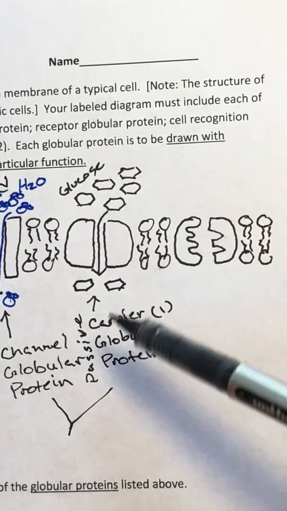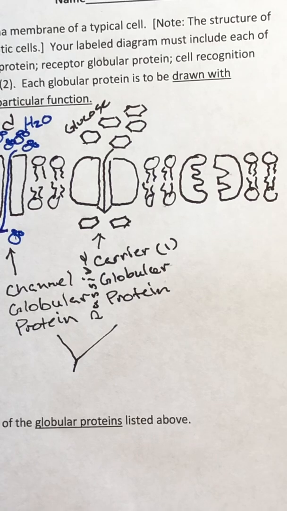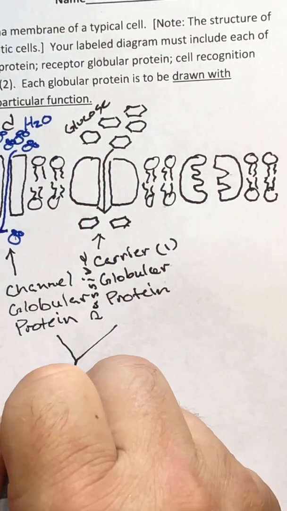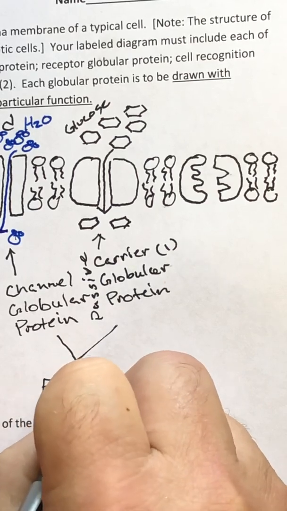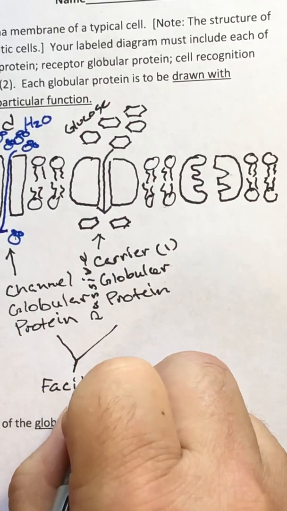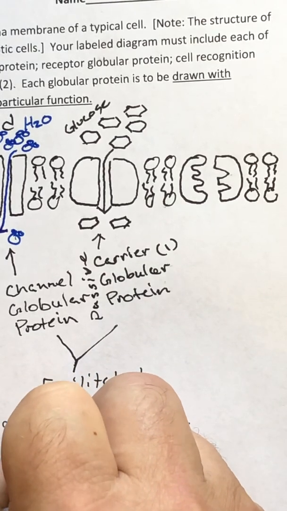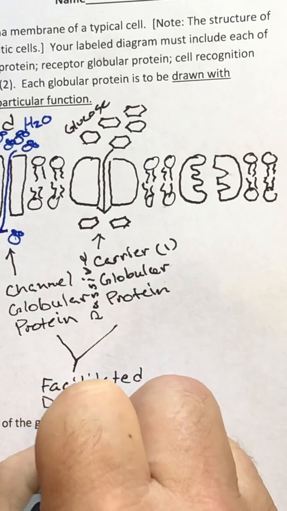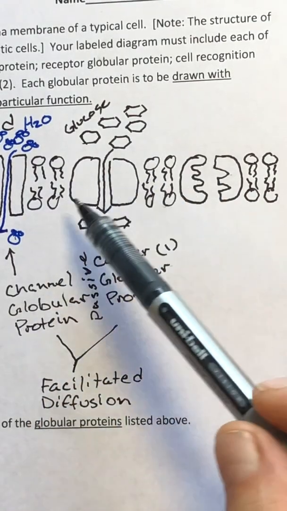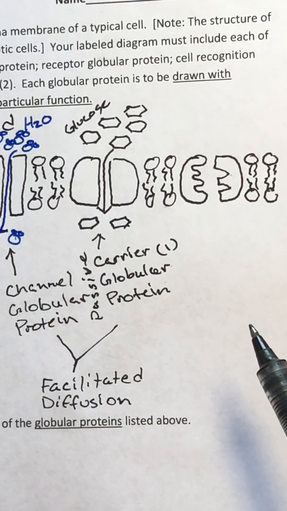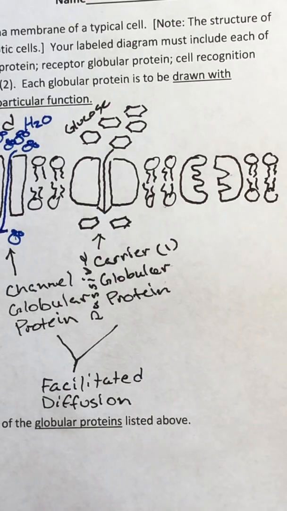It's like it's facilitating, it's helping to move these molecules back and forth across the plasma membrane. So it's still diffusion, but they're getting a little help along the way from their friends here, these globular proteins. The channel globular protein and carrier globular protein 1.